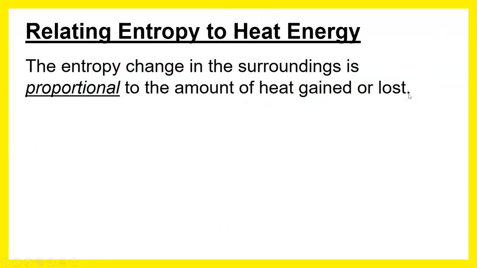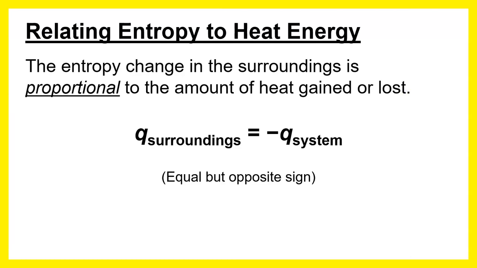The first thing we have to understand is that the entropy change to the surroundings is proportional to the heat being gained or lost. So remember, the heat is going to be Q. Also remember that sometimes it's hard to measure the surroundings versus the system. So the thing that's helpful to remember is that the surroundings will be equal and opposite the system.